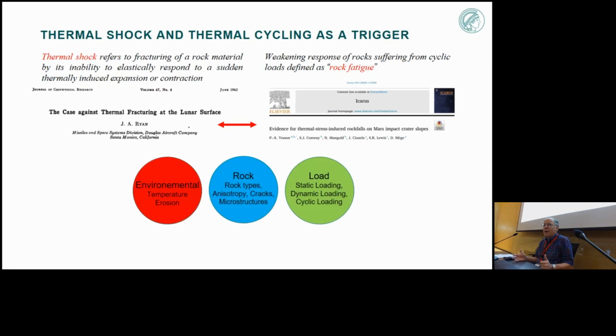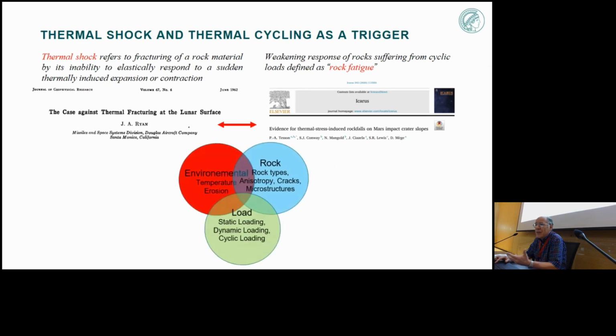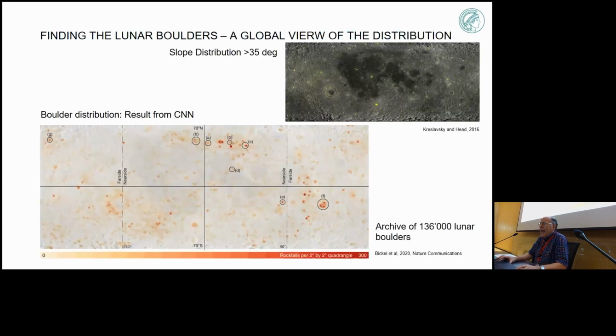There are the environmental factors, there are the rocks themselves, and there is the stress loading, which can be different. And of course, the situation is complicated because you cannot investigate this separately. You are faced with the situation that all these factors play a role. Now, the first thing we wanted to do was find those boulders.